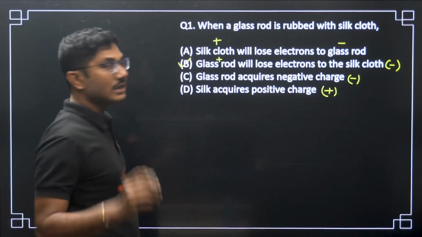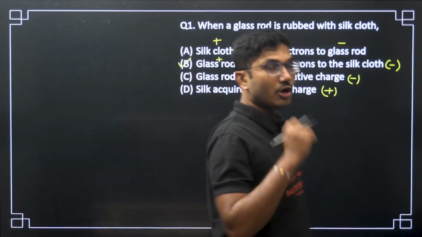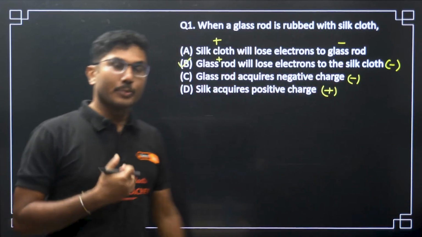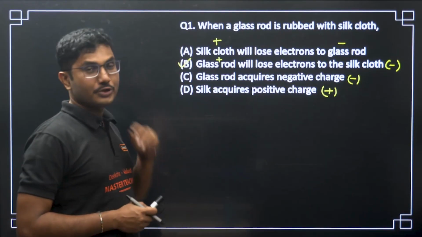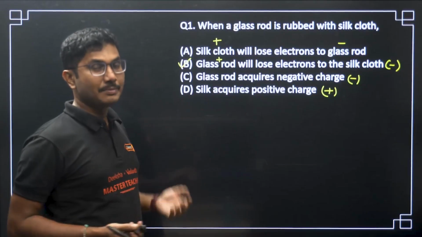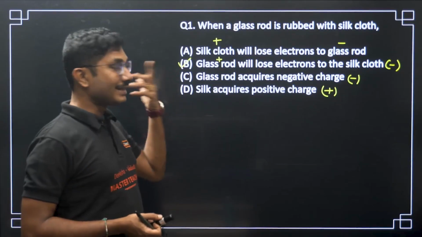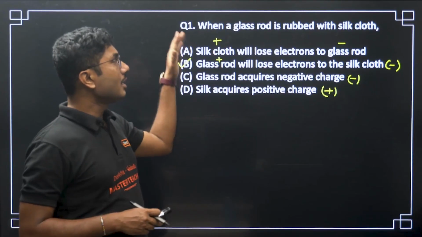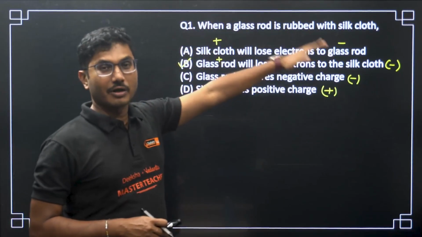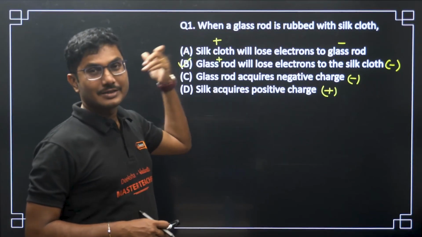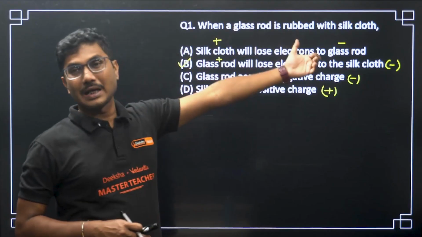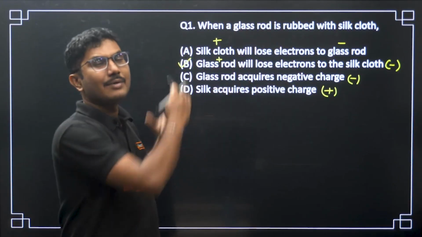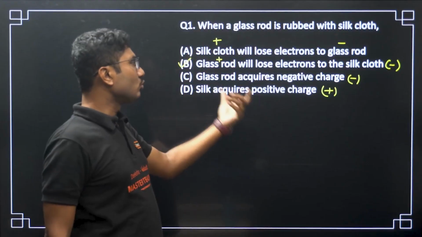So in case you are not sure about the answer, try to analyze it as much as possible and see if any options are the same or similar. Similar in the sense exactly, for example, silk cloth loses electrons to glass rod is basically silk cloth becoming positive and glass rod becoming negative. Now options C and D are the same option, but they have separated option A into two different parts.